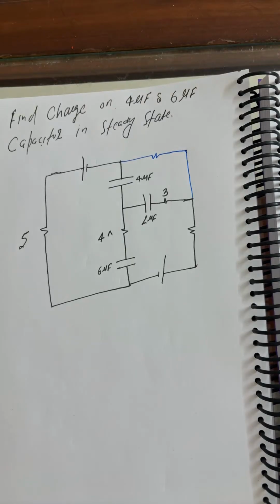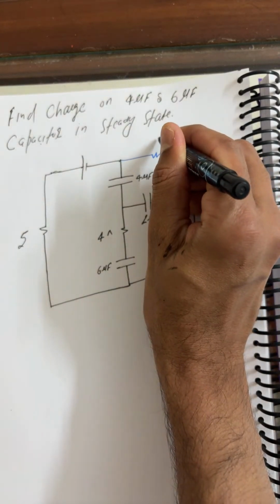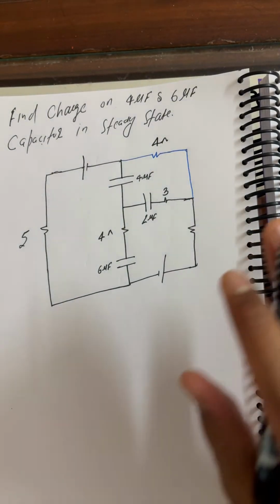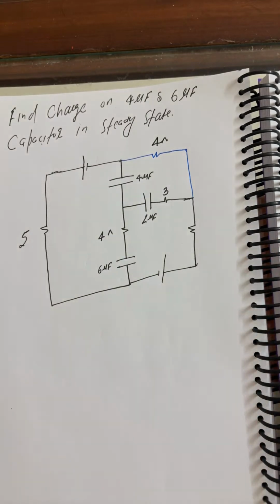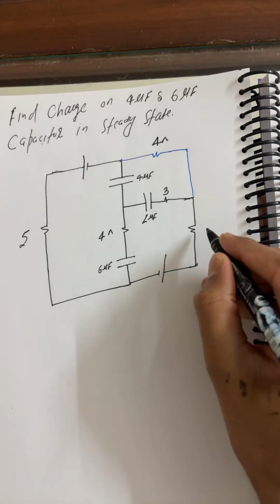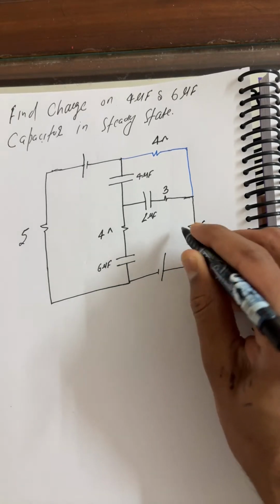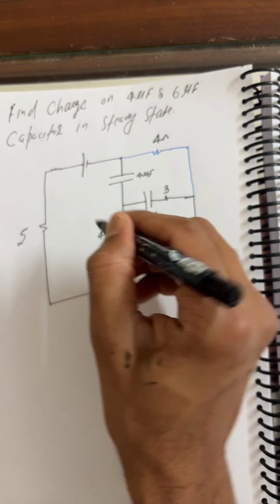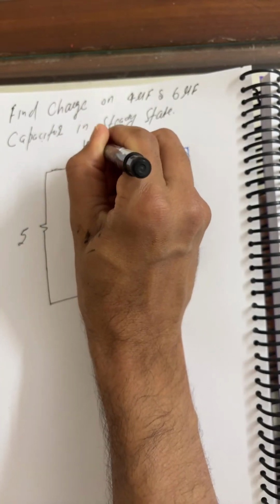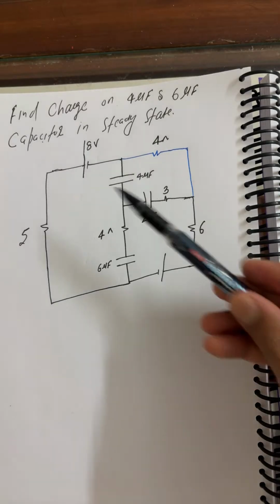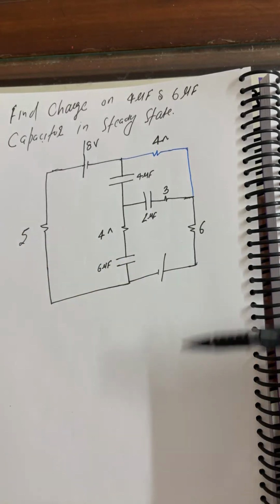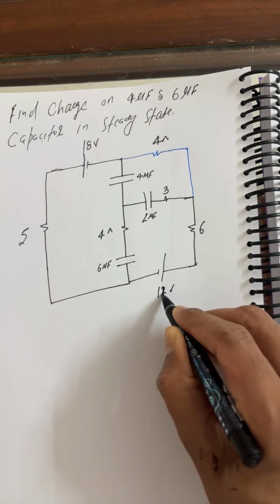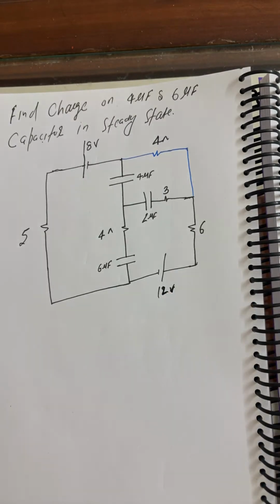This is 4 ohm. I'm thinking the data is not correct, so it's very tough to solve these questions. You can take 6 times 2 is 12, 4 times 6 is 24. Yes, solvable. You can do 5 ohm, and this is the last one, 18 volt. Let's check the data here. There is a potential difference across the 5 ohm of 6 volt. This one you can take 10 or 12. You can take 12 volt. That's fine.